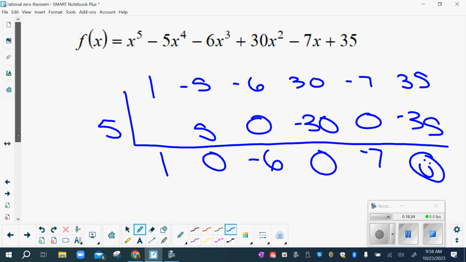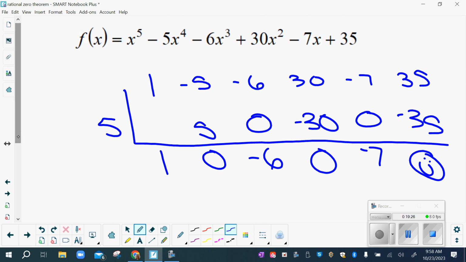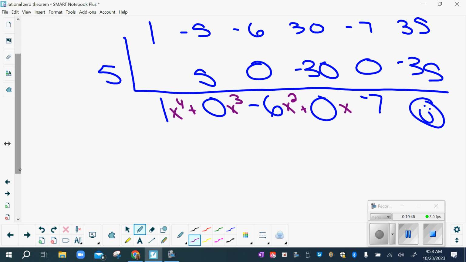Now, we're going to be really careful. We're going to start not at 5, drop down to 4. So let's be really careful on this one. X to the 4th plus 0, x to the 3rd minus 6x squared plus 0x minus 7. That's freaky looking. So I am going to write it a second time clean. X to the 4th.